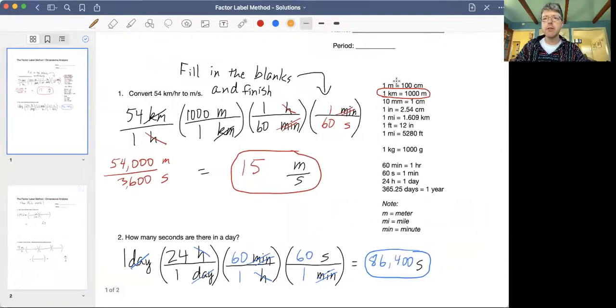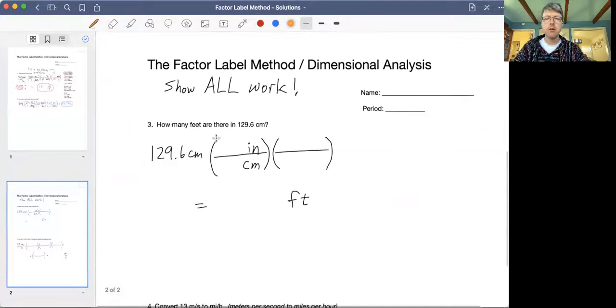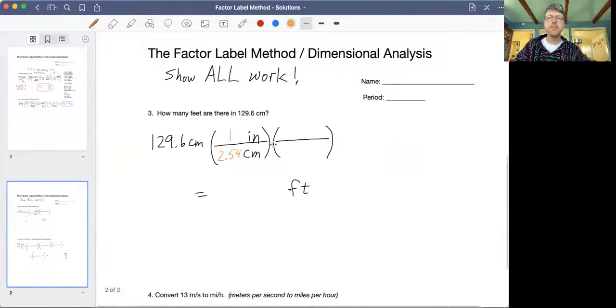So here are our length conversions up here, inches and centimeters. So 1 inch is 2.54 centimeters. I'm going to go down here. 1 inch is 2.54 centimeters. Okay. And now we have 1 inch. We need to get to feet.